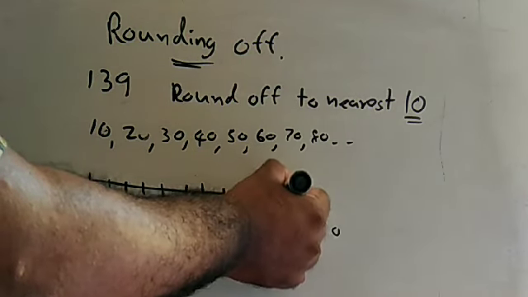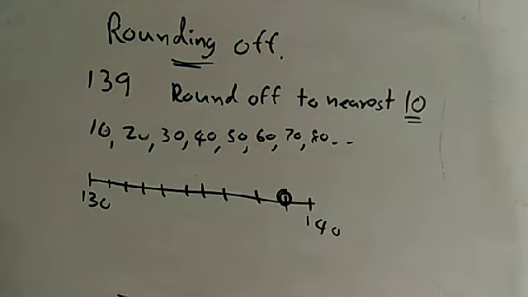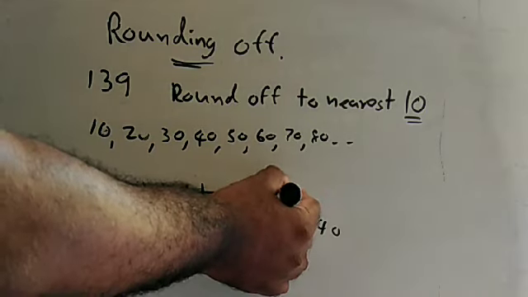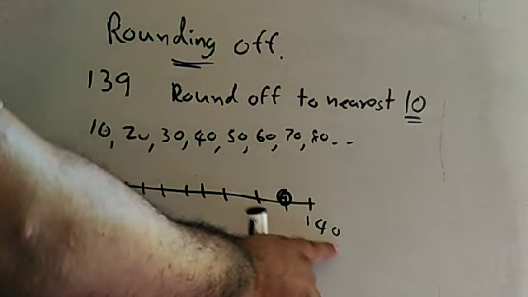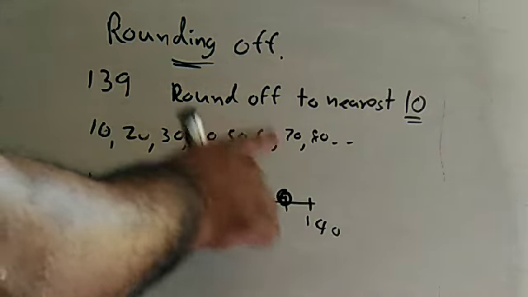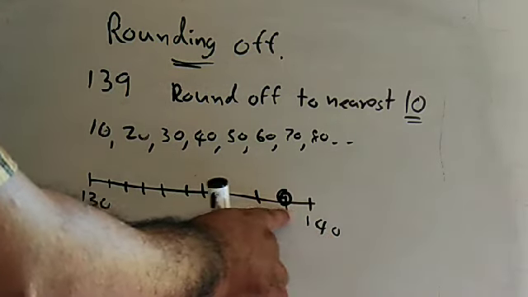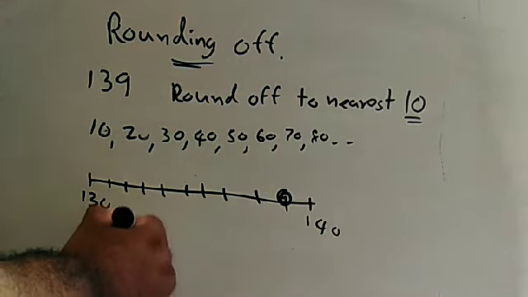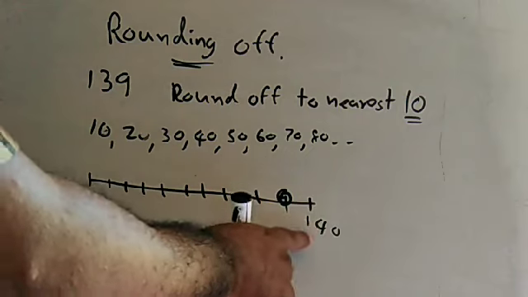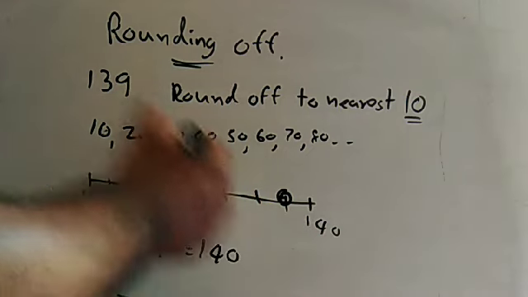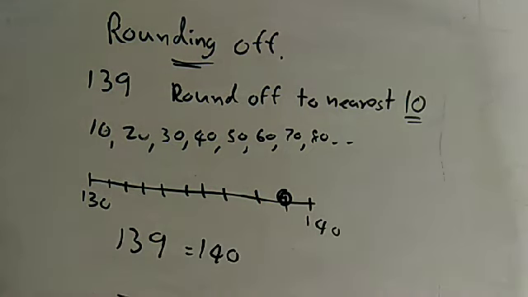Here 139 is here. Now tell me, what is the nearest, 130 or 140? 139 is very close to 140. Therefore, 139 rounded off to the nearest 10 is 140. Understand? Another one.